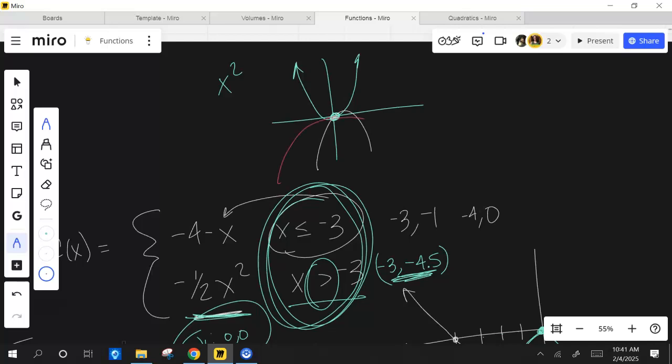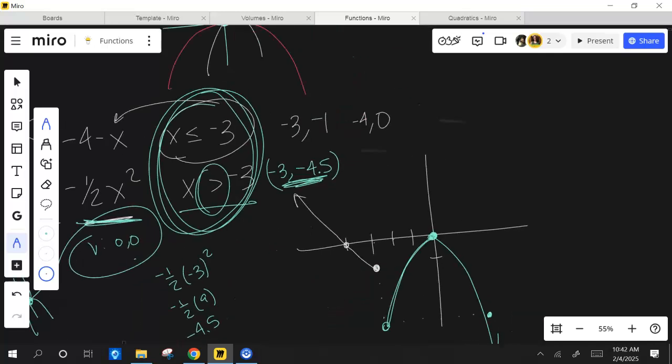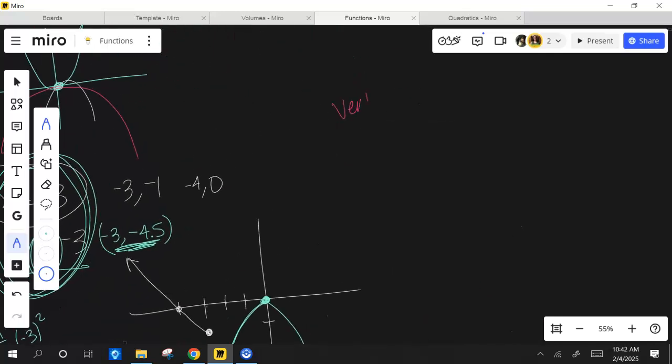But making it wider does not change where the vertex actually is. If you go back to algebra 2, the vertex of a quadratic in standard form is opposite b over 2a, and b is 0. So you could do it that way if you'd rather.